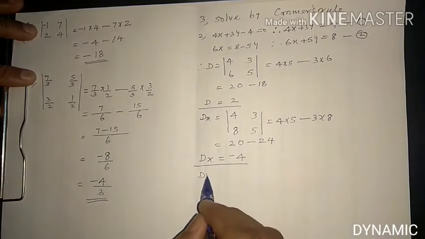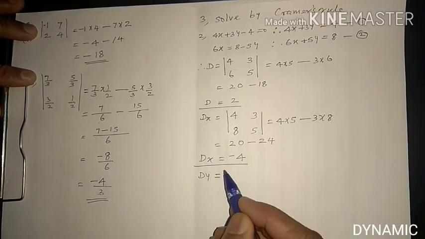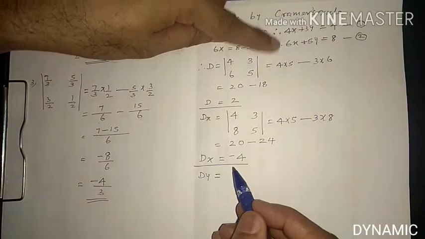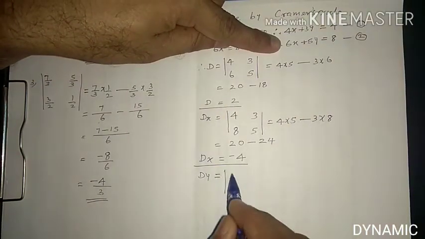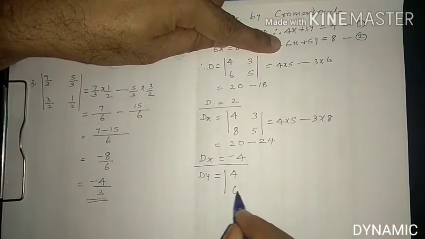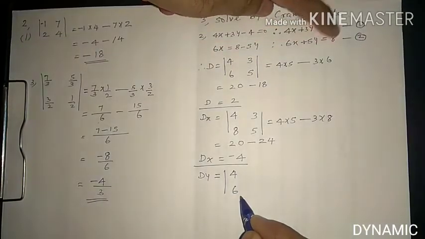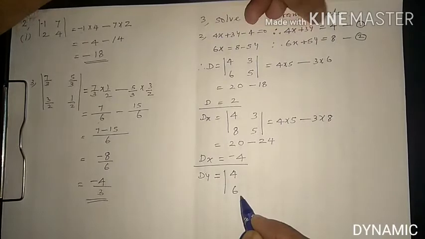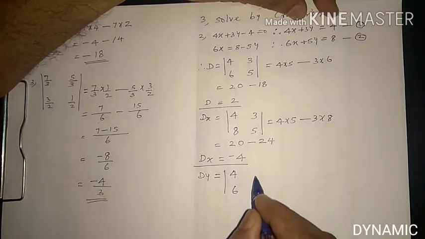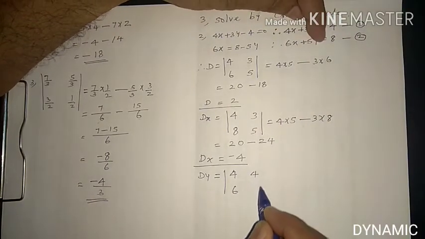Now we go for dy. Now x coefficients as it is, 4, 6, first column. In the place of y coefficients, we have to keep the right hand side constants 4 and 8.